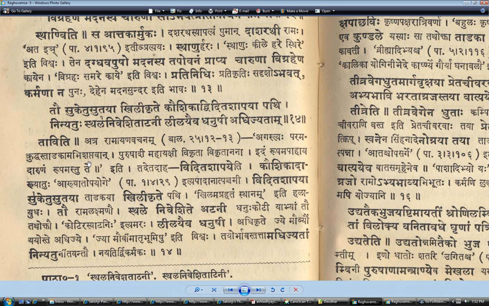Purushadi mahayakshi vikrita vikritanana. So first of all, you will become purushadi. Purushan atti iti purushadi. So this is a karmanyupapada samasa. So you will become an eater of men, a cannibal.